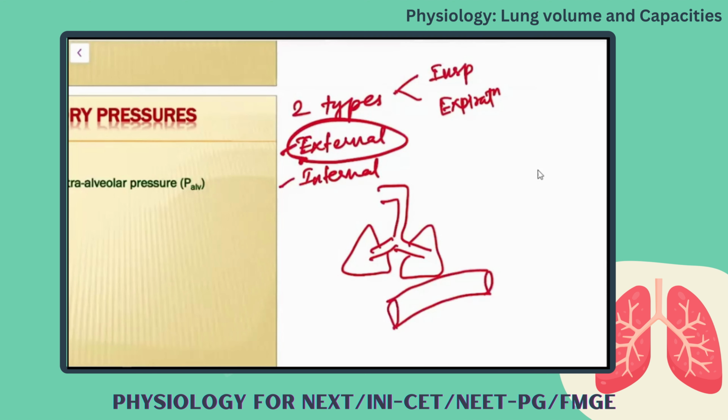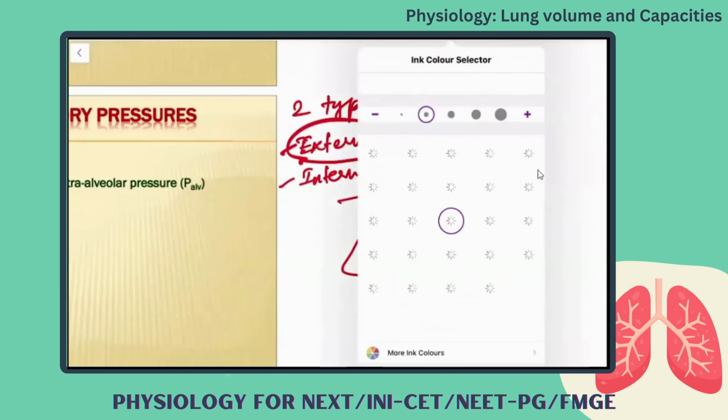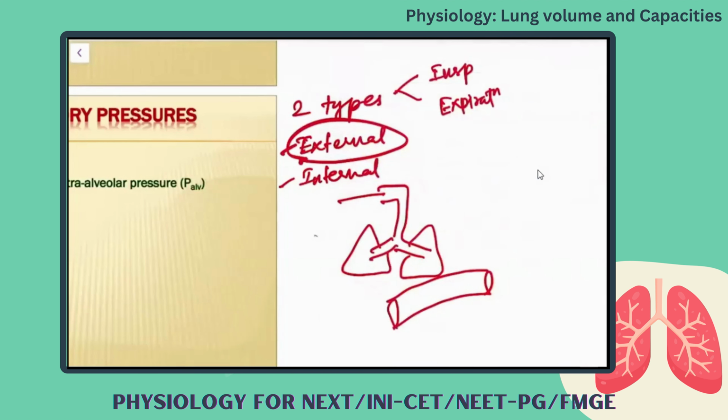Now the air is going to move from the atmosphere into the lungs. Yes or no? So that is called external respiration. Once it has reached the alveoli of the lungs, up to that there is no gas exchange. That is called external respiration.